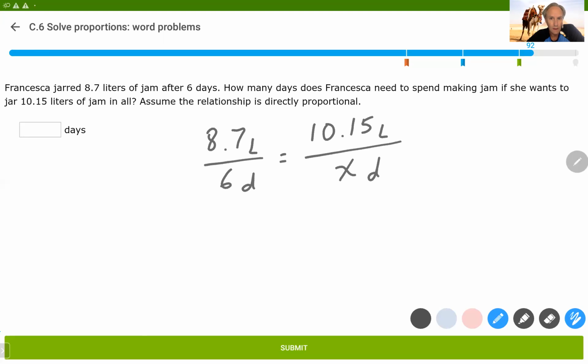And I would say, if I had to estimate this, this is pretty close to 9 to 6 and 10 to 8 maybe.